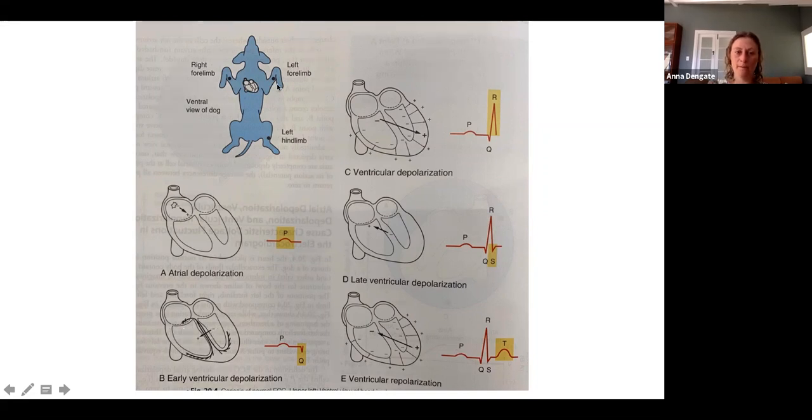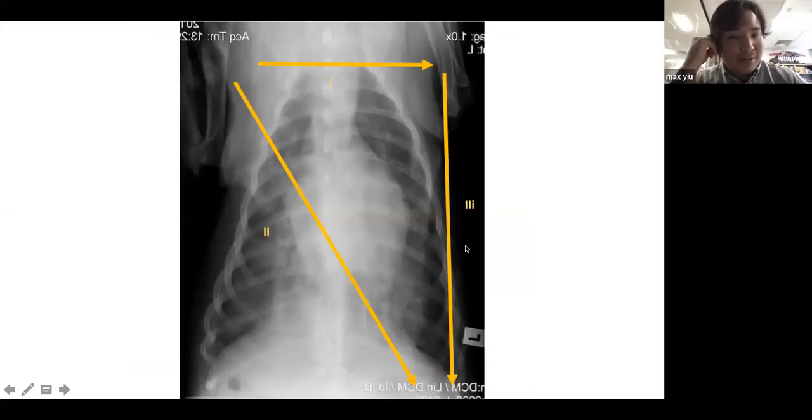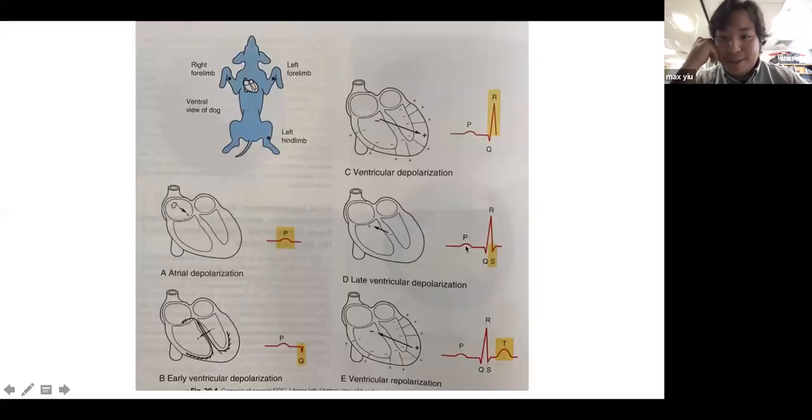So if we've got a vector that we're trying to measure going across the heart like that, we're going to pick it up as a positive in lead 2 and as a negative in lead 1. Is that right? I guess that makes sense, I suppose.